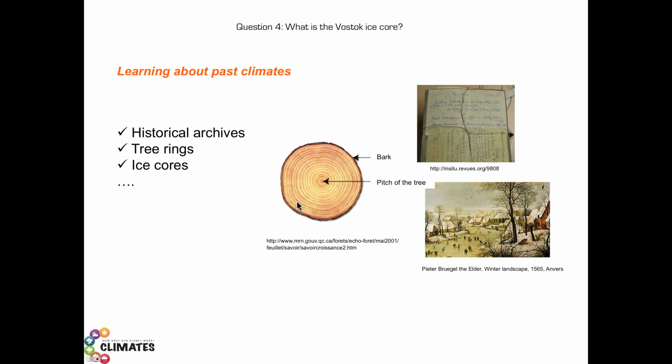Characteristics of a ring, for example its thickness, will be influenced by weather conditions, therefore by climatic conditions, over many years. For example, the quantity of rain, air temperature, the length of sunshine, etc. By dating the tree rings, scientists can then interpret the variations in chemistry, in texture, as being related to climatic variations.